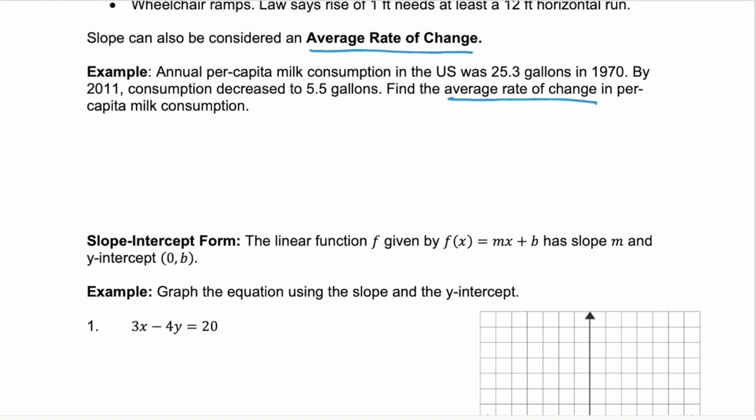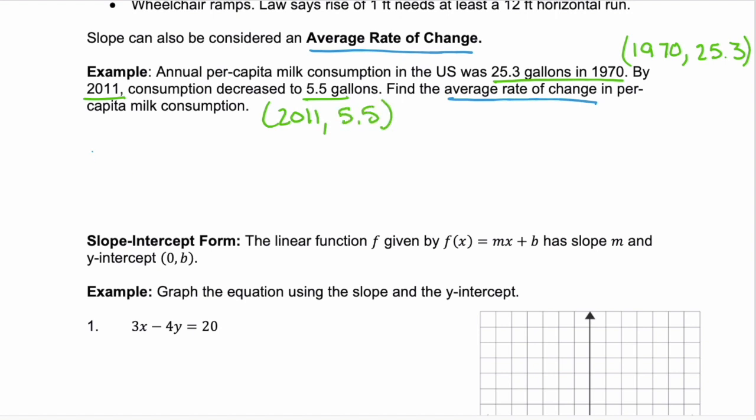And we have some points here. We have this point of 25.3 gallons in 1970. So our year is our x value. And 25.3, the gallons of milk, is our y value. And then we have this other point. In 2011, it was 5.5 gallons.